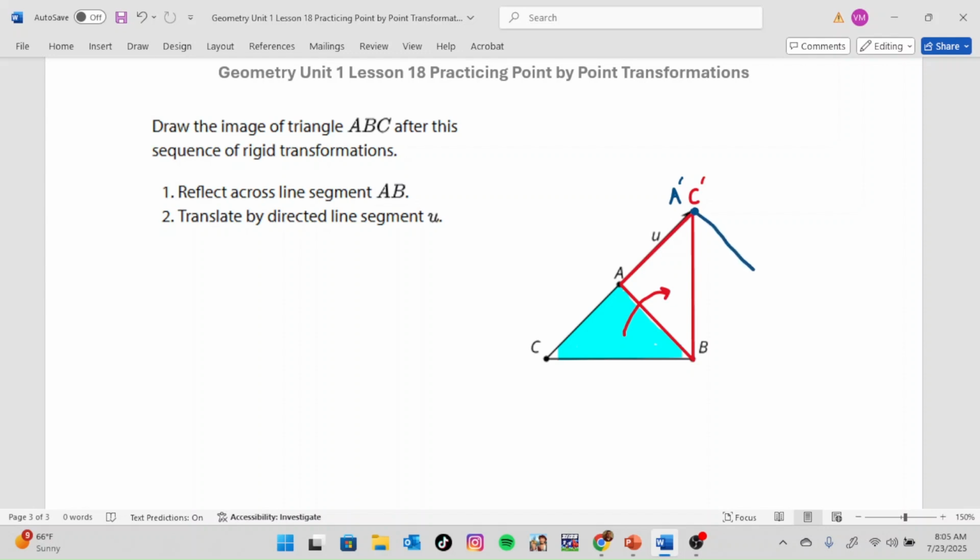Then we have the line down to what will now be B prime. This line goes up to what is now C prime. And then here is the line to create the rest of the triangle.